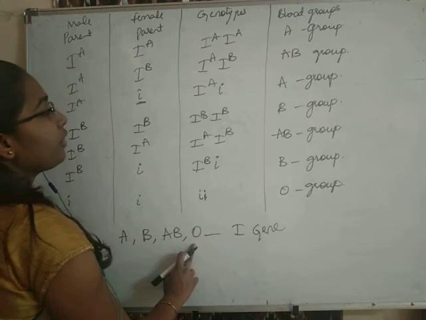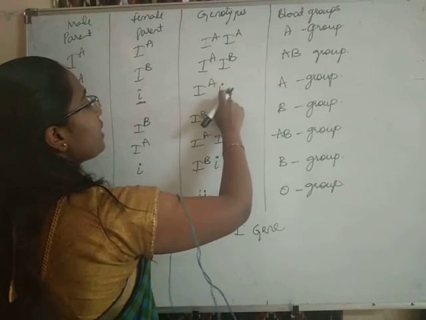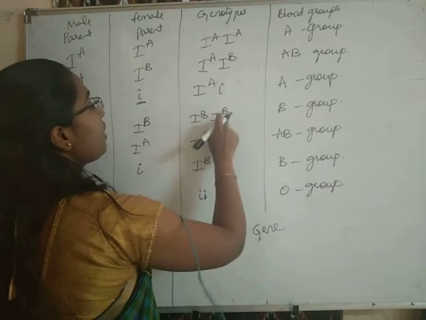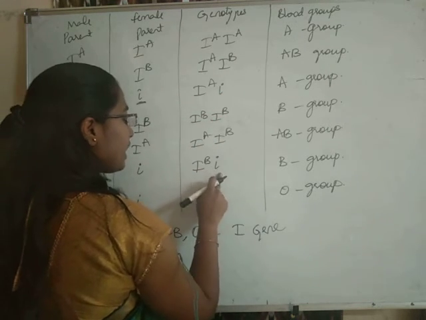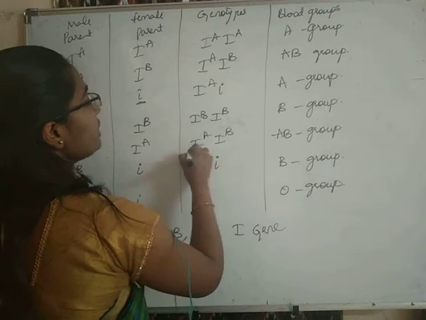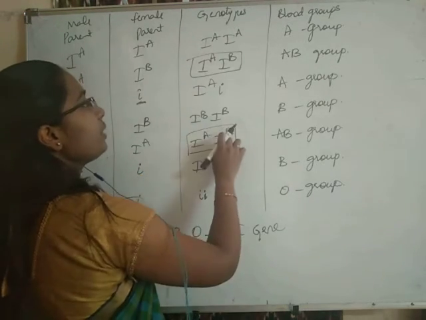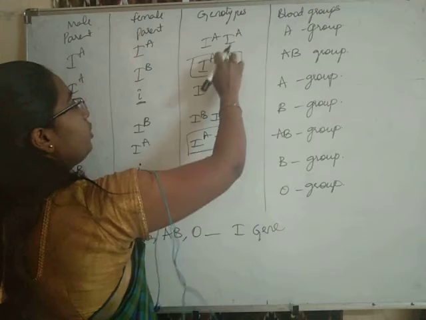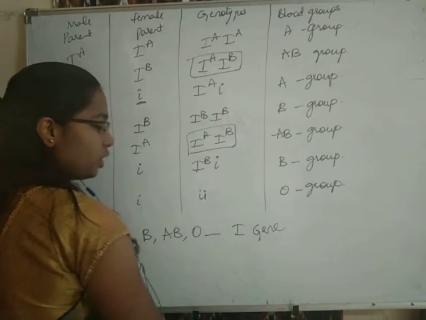Okay. And we have seen the genotypes, IA IA, IA small i, IB IB, IB small i, small i small i. Because these two, IA IB and IB IA, are same, we are considering them to be same. So, we have 1, 2, 3, 4, 5 and 6 possible genotypes.